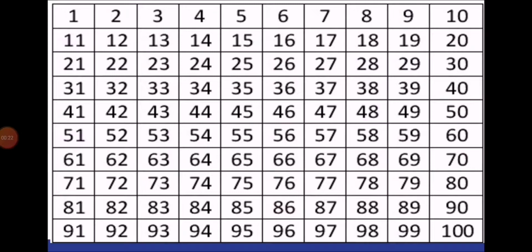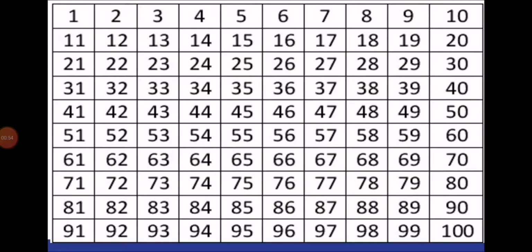We count the numbers from left to right as 1, 2, 3, 4, 5, 6, 7, 8, 9, 10. We are adding 1 each time. And if we count backward, 10, 9, 8, 7, 6, 5, 4, 3, 2, 1, we are subtracting 1 each time.